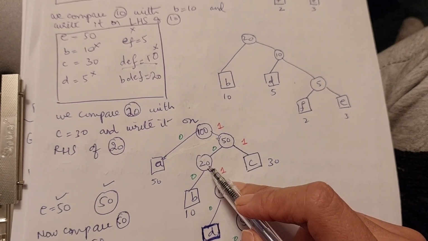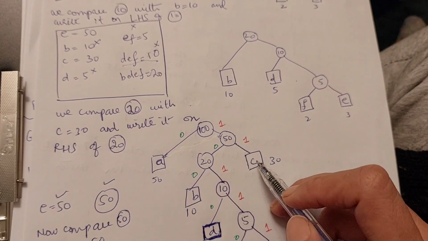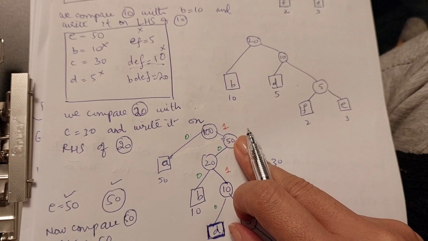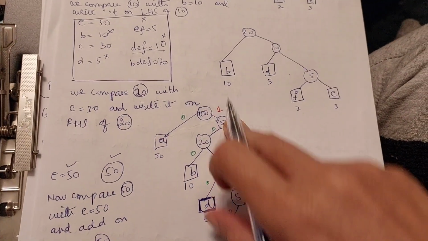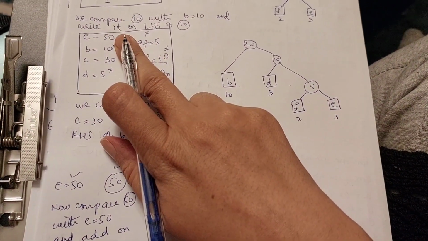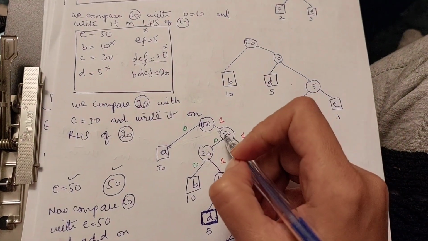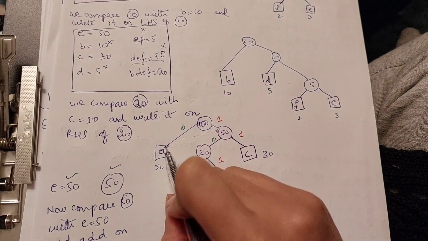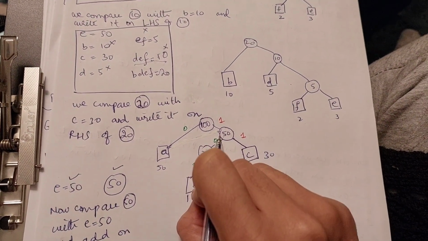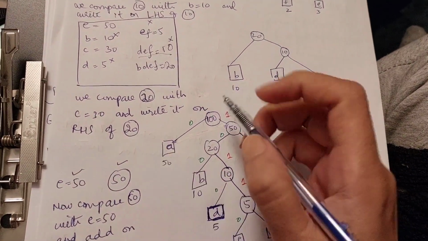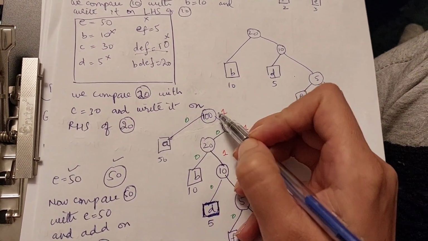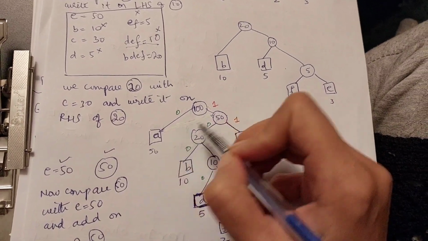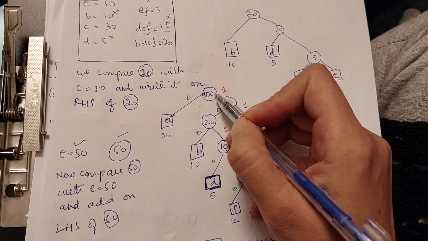When you add them up, 20 and 30 together become 50, and in the next step you are left with only one data point, which is equal to 50. So you will simply place this 50, on the left hand side or the right hand side, and join them with lines, and of course this 50 and this 50 will together make 100.